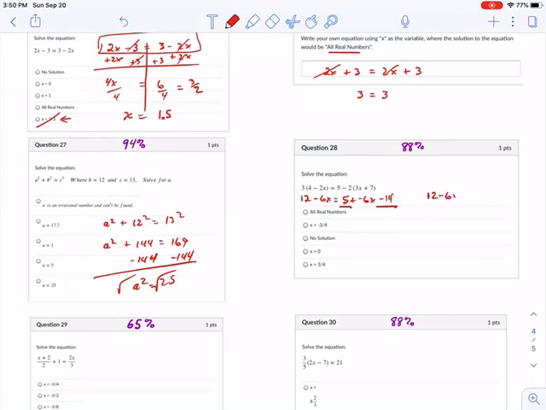So on the left side, we have 12 minus 6x. On the right side, we have negative 6x minus 9, I believe, because when I combine a positive 5 and a negative 14, I get negative 9. Now in this one, if I add 6x to both sides, they do cancel out. So that's 12 equals negative 9. And that would be no solution.